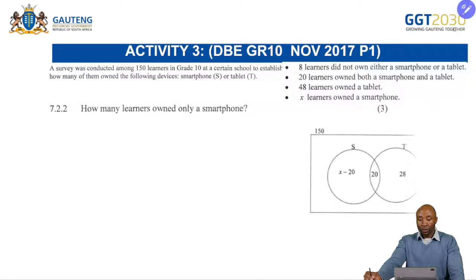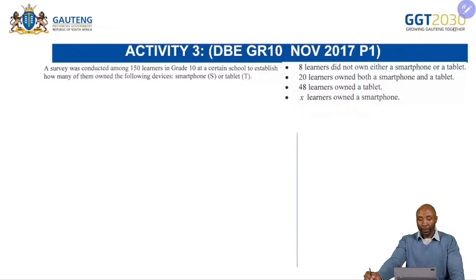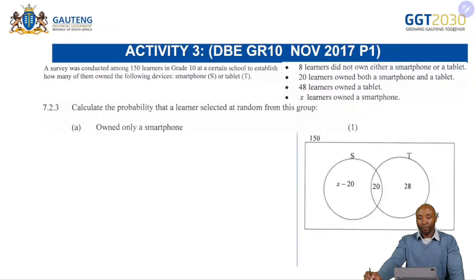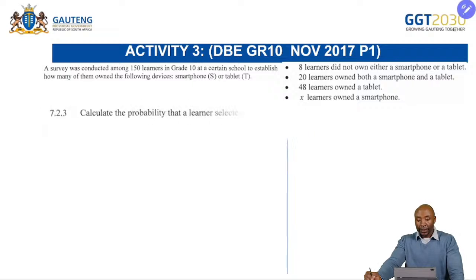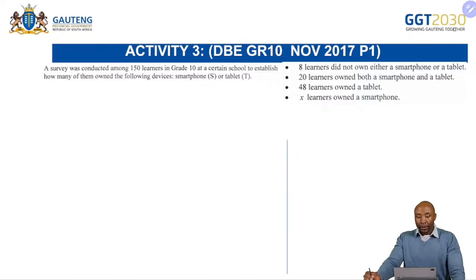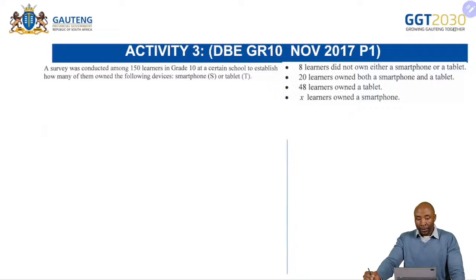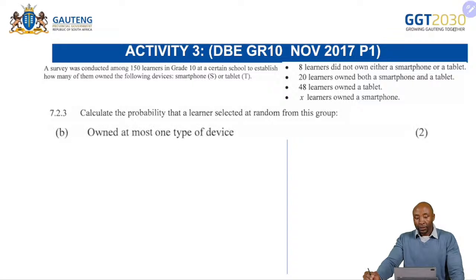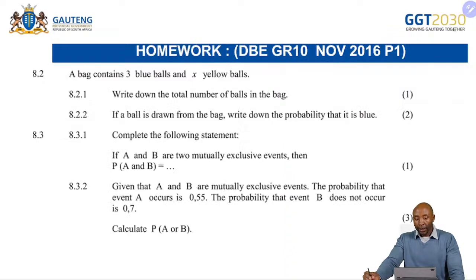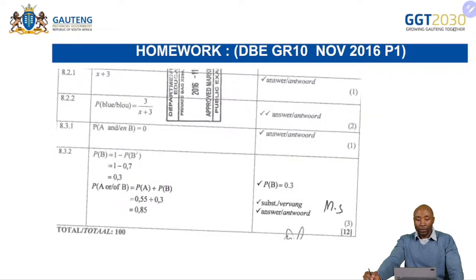That's 7.2. We will do this during our spare time. And then I had also selected that as our homework. You can take a photo, and those are the solutions.